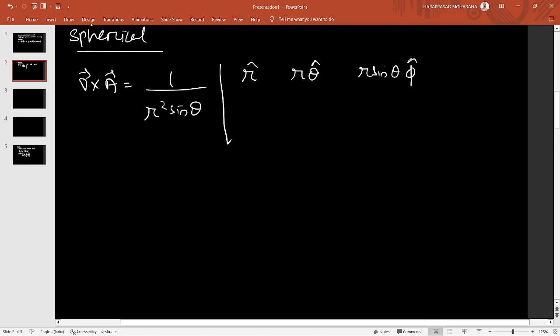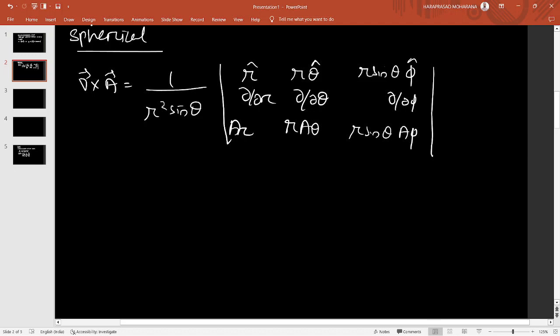As you know, in spherical we have the components r, theta, phi. So I am writing del upon del r, del upon del theta, del upon del phi, and the components Ar, r A theta, and r sine theta A phi.